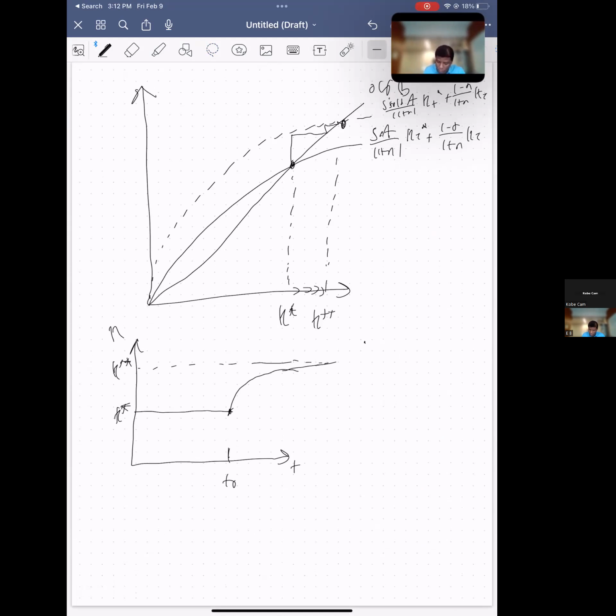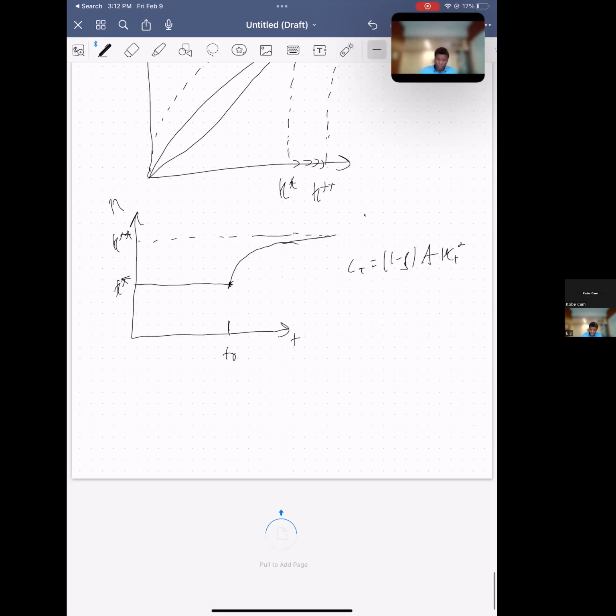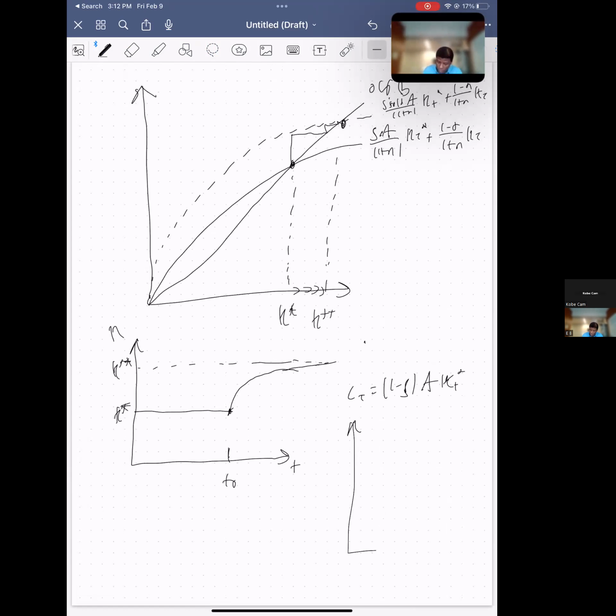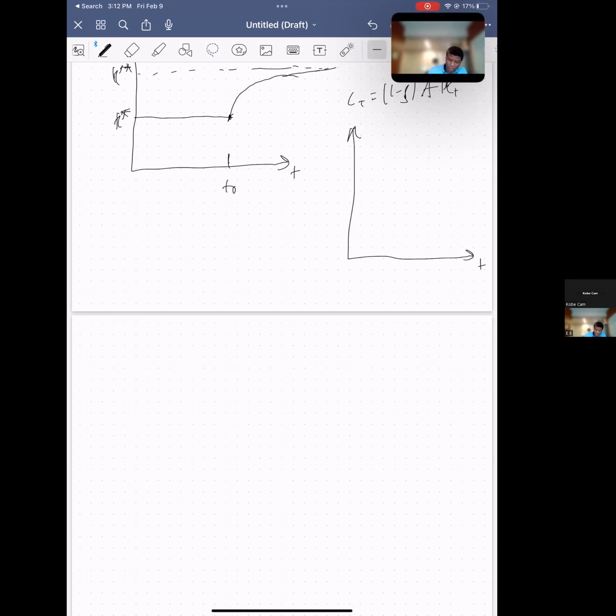So CT is just equal to 1 minus S, A, S, A, K, A, K, T, A. Okay. So if the savings rate is going up, what happens?